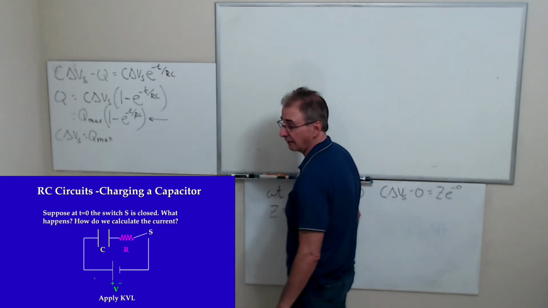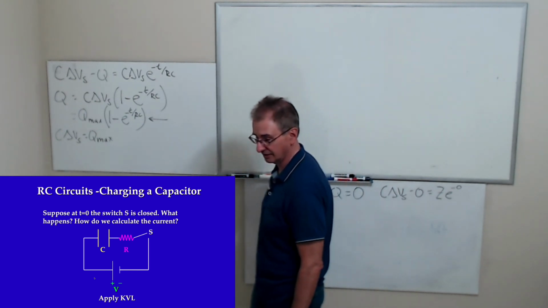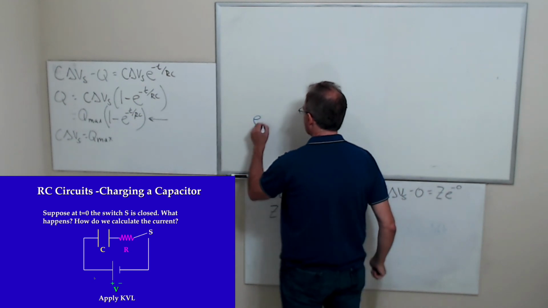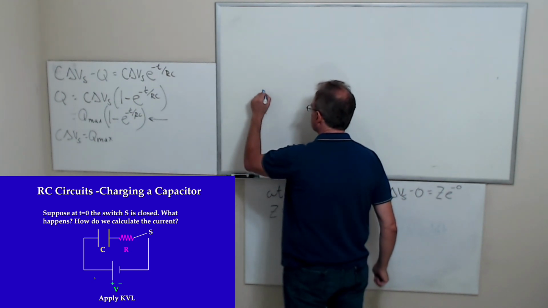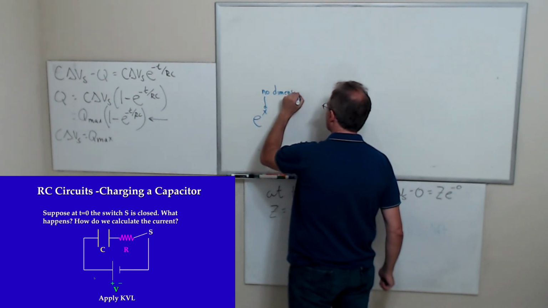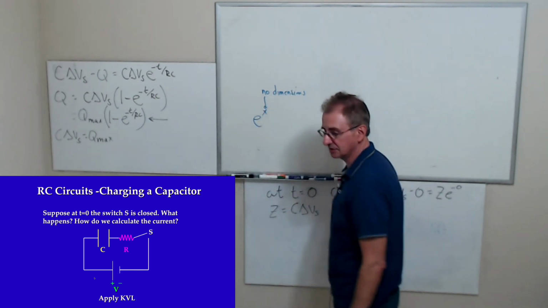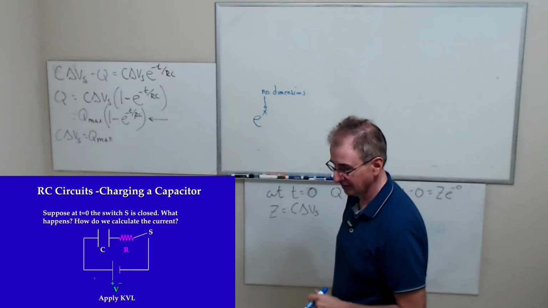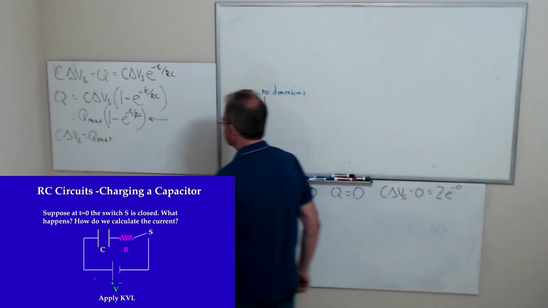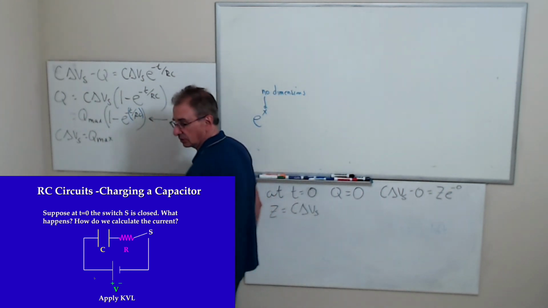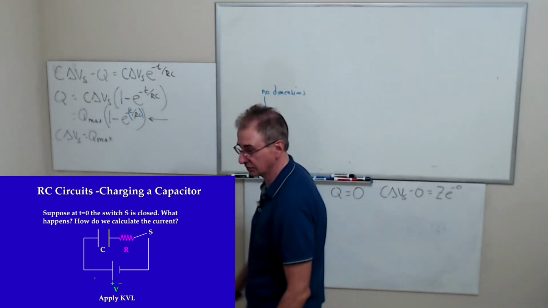The exponent can't have any dimensions. When you do e to the x, this thing has no dimensions. Were you guys aware of that? I guess not. Okay, so this ratio has to have no dimensions. So that means R times C has to have units of time.